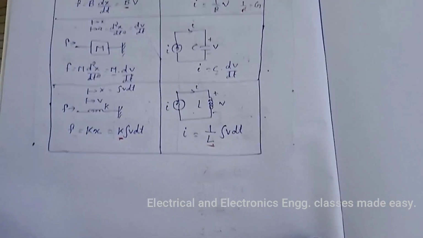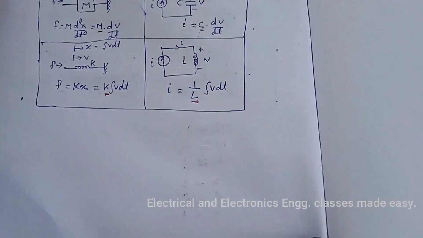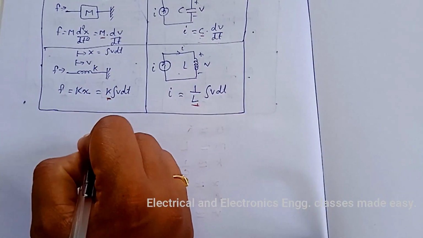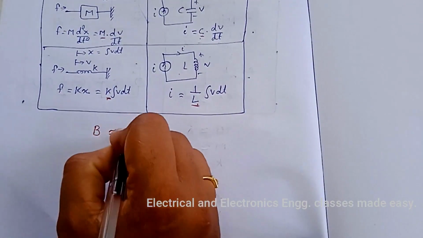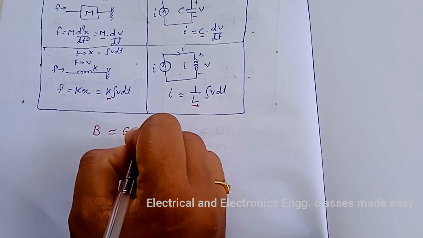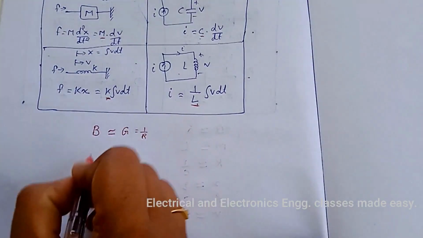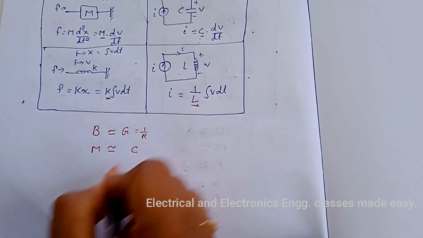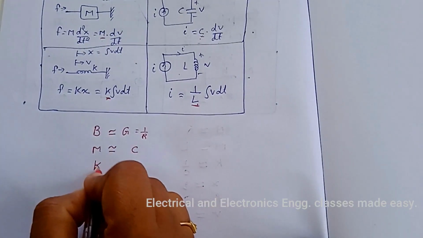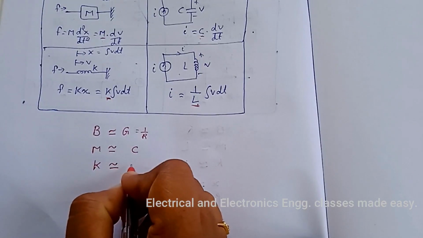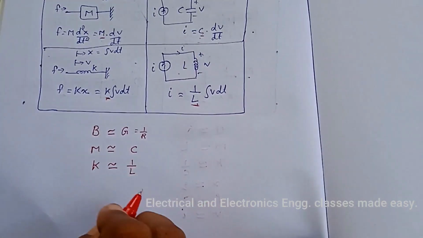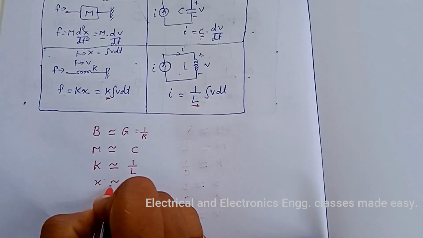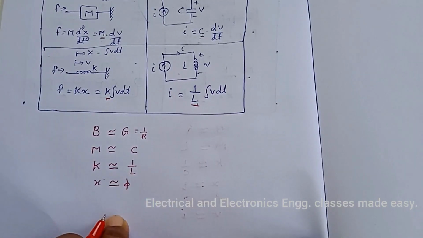So, in force current analogy, we can write B is analogous to G, that is conductance 1 by R. Then M is analogous to C, capacitance. K is analogous to 1 by L. And X is analogous to phi.